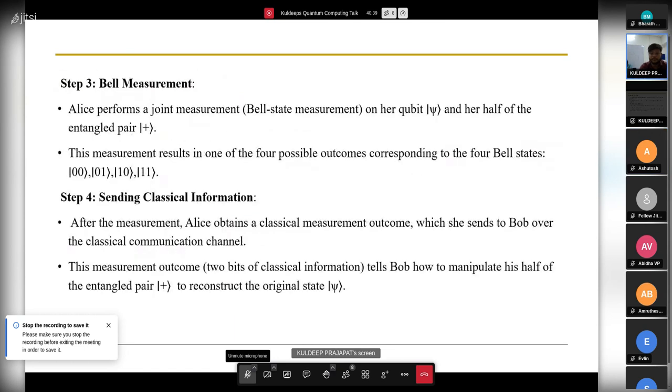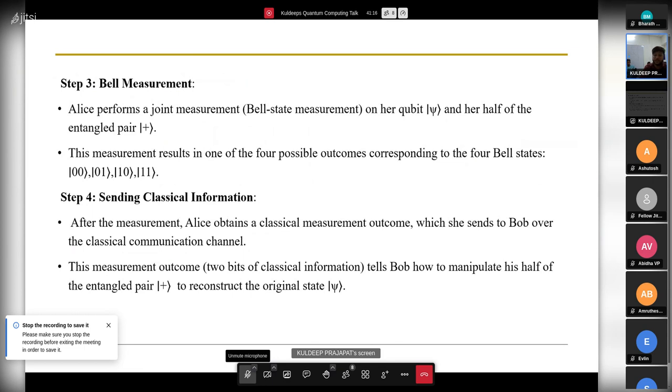After this entanglement process and encoding process, Alice will perform a joint measurement on her qubit and her half of the entangled pair. This measurement will result in one of the four possible outcomes of the Bell state, that is 00, 01, 10, and 11. Now Alice will share the information of her measured outcome with Bob using a classical communication channel.